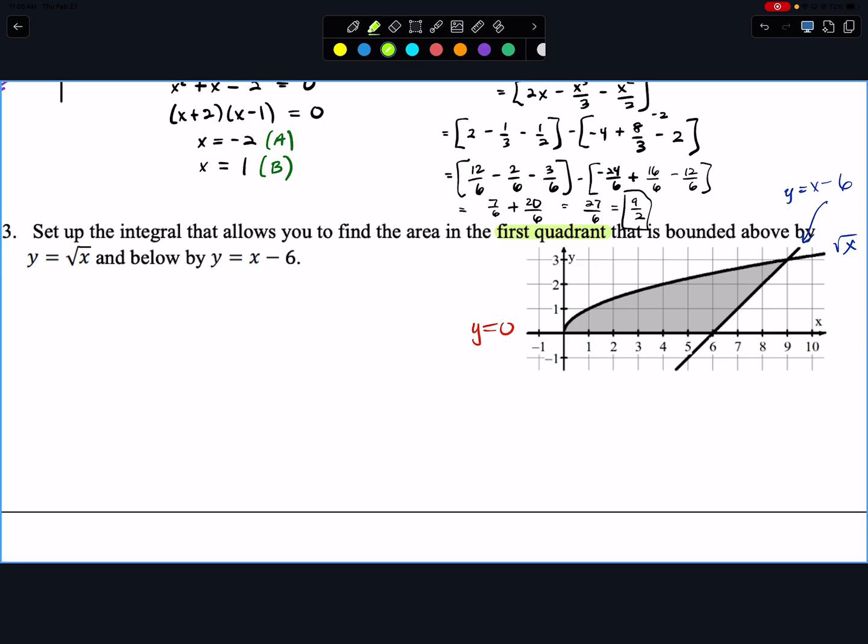So this is what this was for. So from here, what x value is right here? 0. So from 0 all the way to, when is this not the bottom function anymore? When we get to here. So what I'm going to do is I'm really dividing this into 2 areas. It's going to be from 0 to 6.